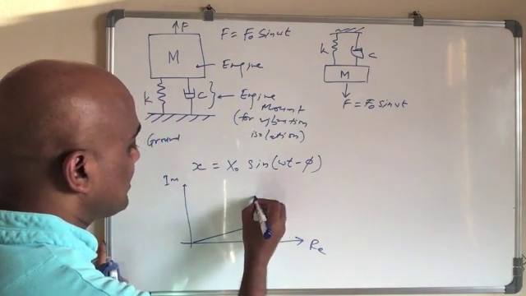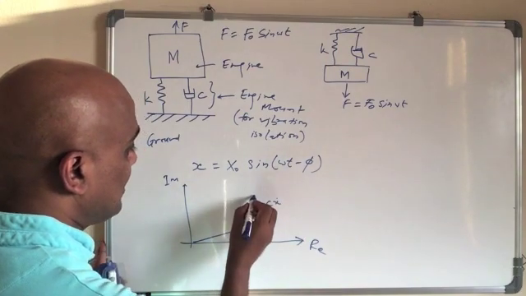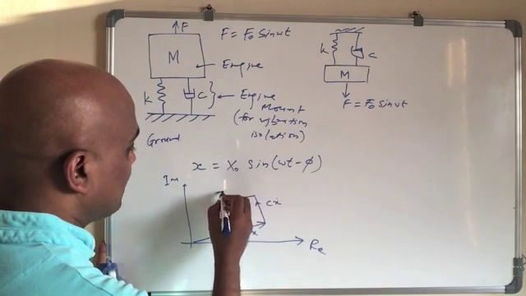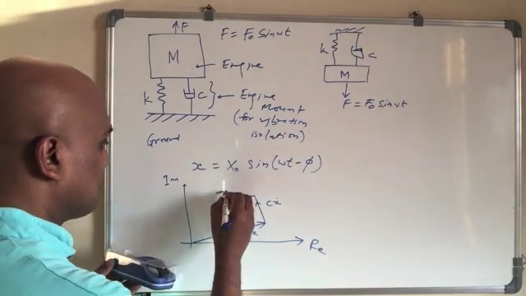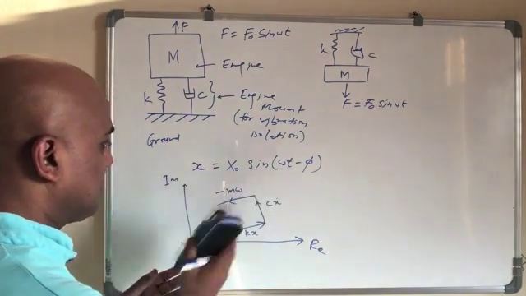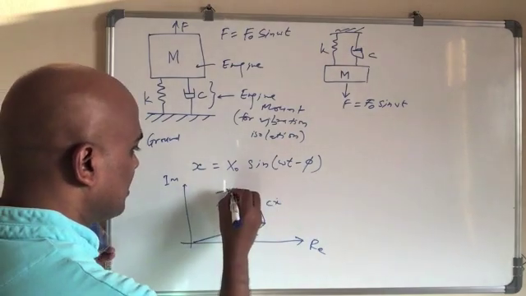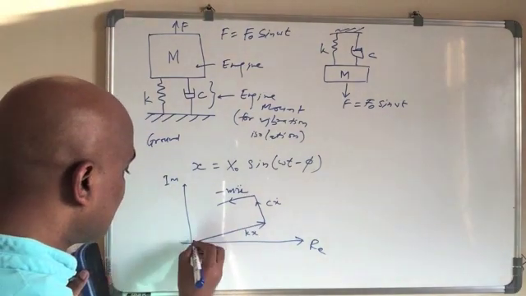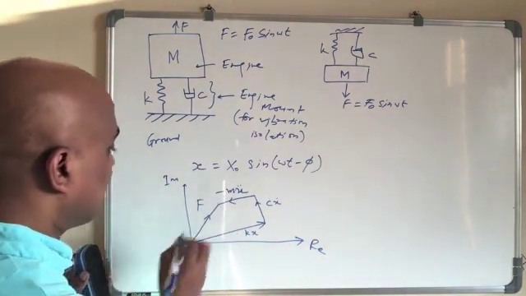Then we had cx dot, and then we had mx double dot here, and then this was the force F, right?